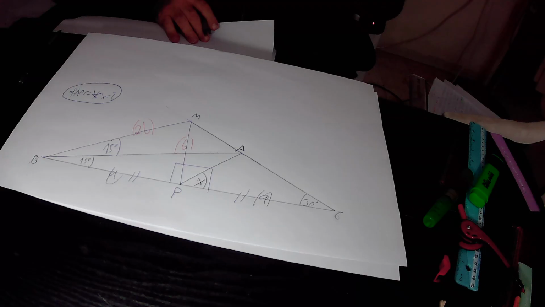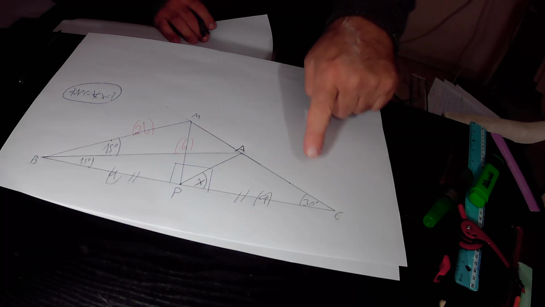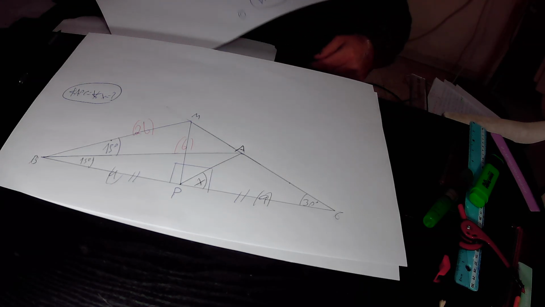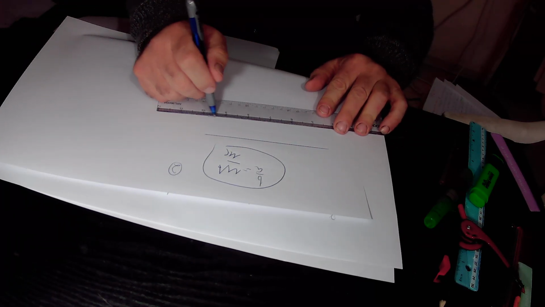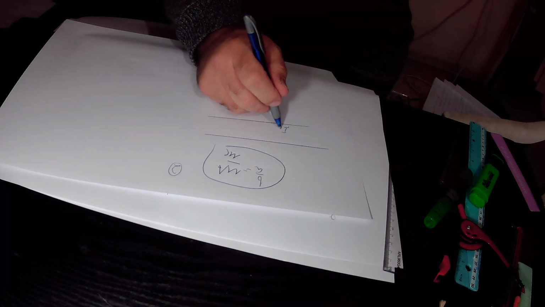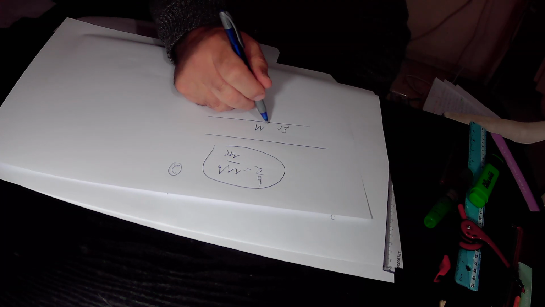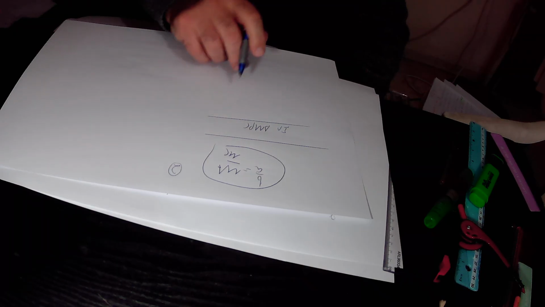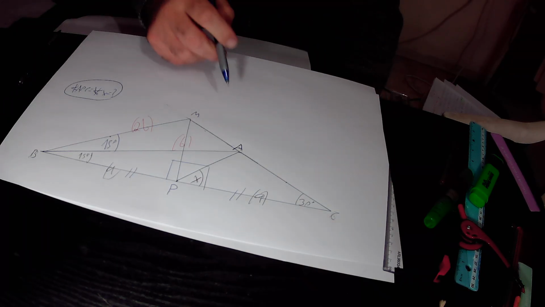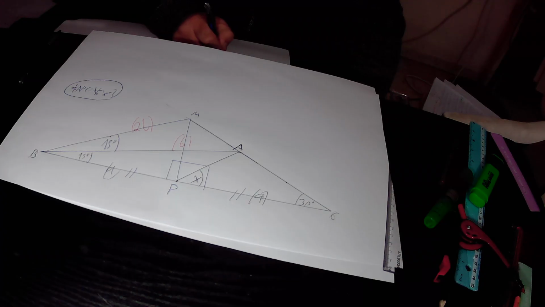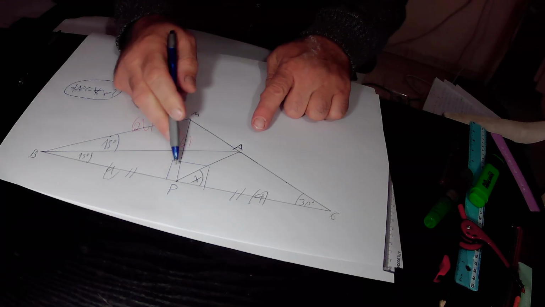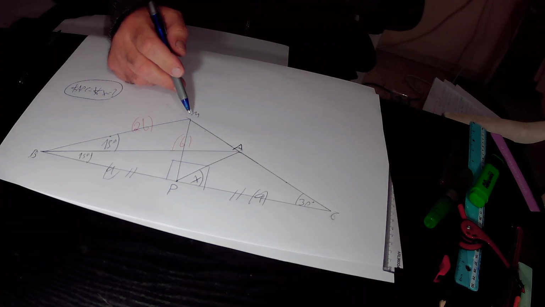So in the next step, we'll focus on this triangle MPC. This line segment AP divides the sides of this triangle MPC proportionally.